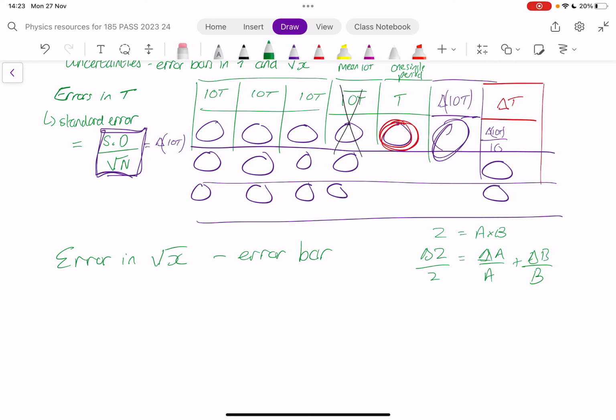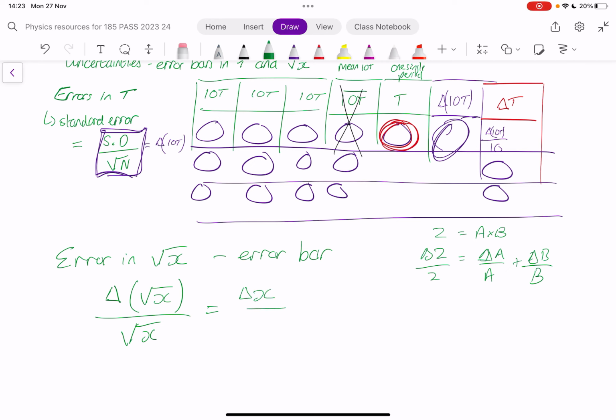Okay, so we want to know what the error in the value of root x is. So we apply the same idea. The error in root x over the value of root x is only dependent on x.